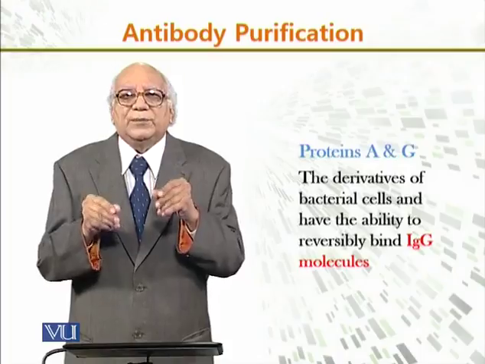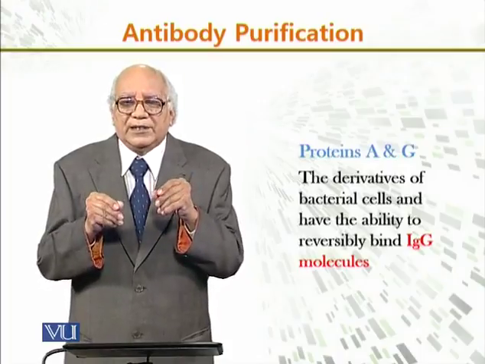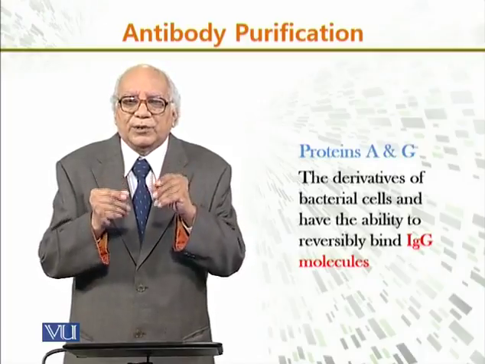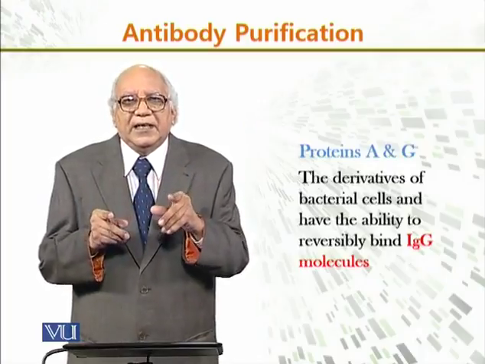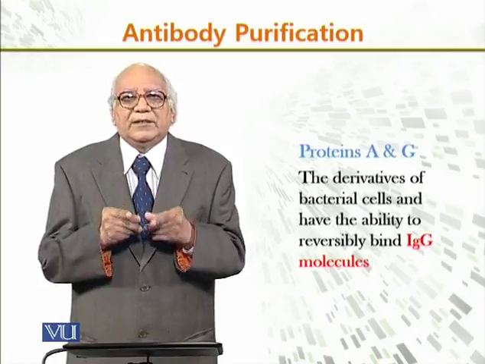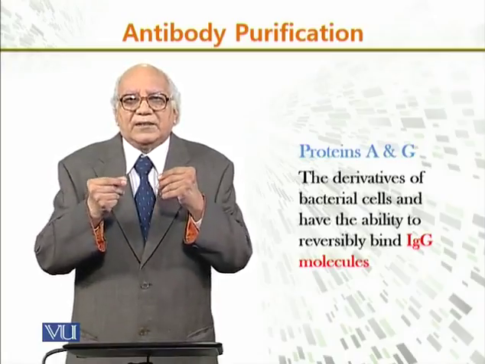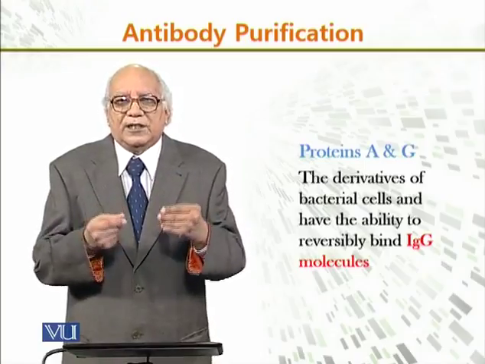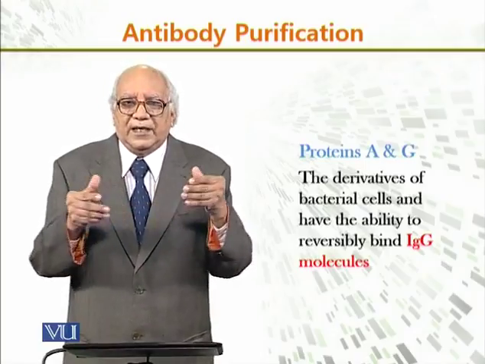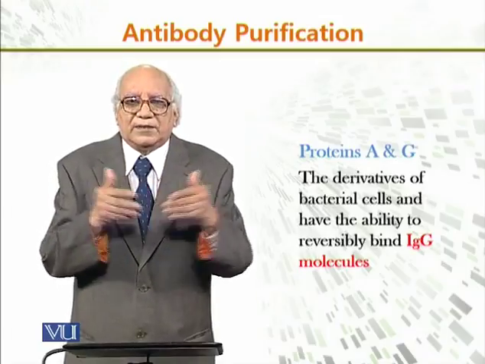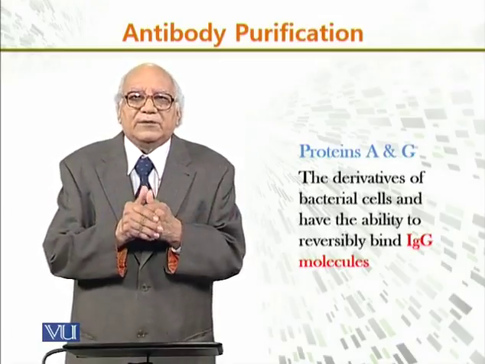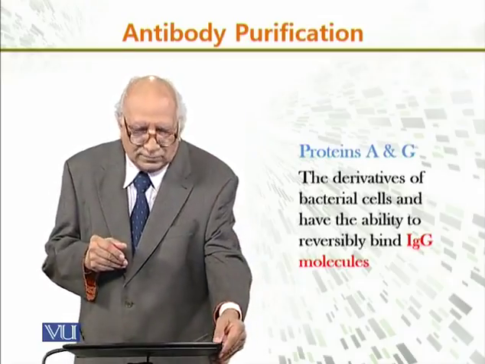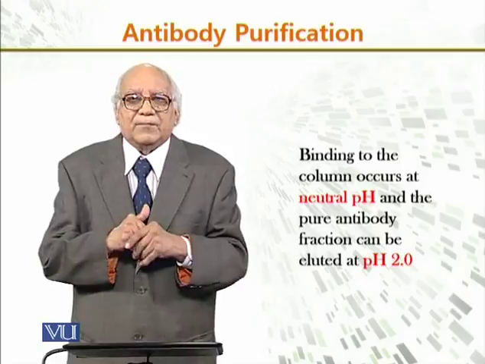That is, the immunoglobulin G molecule can be bound with protein A and G, but at the same time it can be released with a specific eluent. Eluents are the solutions which are used to remove the antibody attached to the affinity chromatography column. So it is reversibly bound with them.